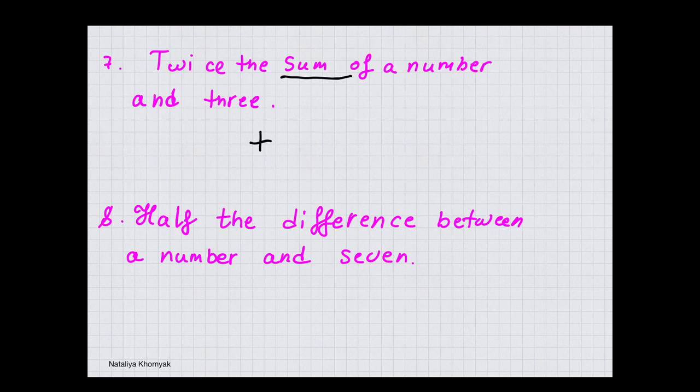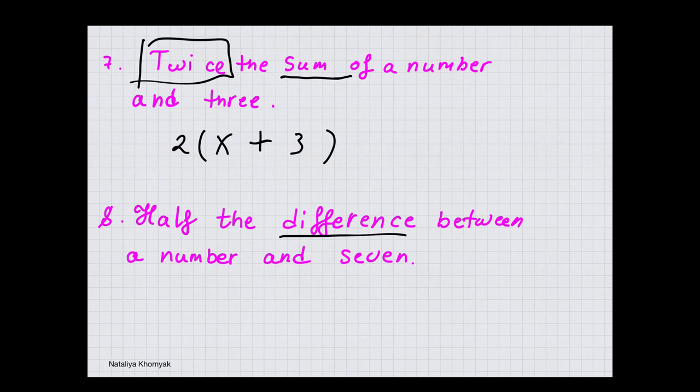If you don't put it inside of the parentheses, the adding or subtracting would be done at the last step according to order of operations. So you want to put the sum inside of the parentheses, and the sum is of a number that we don't know and 3, and we have to have twice the amount of it.